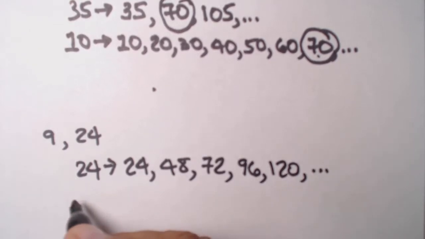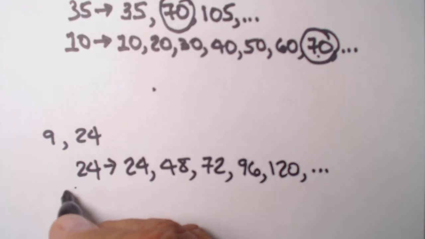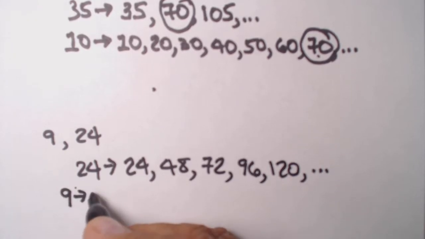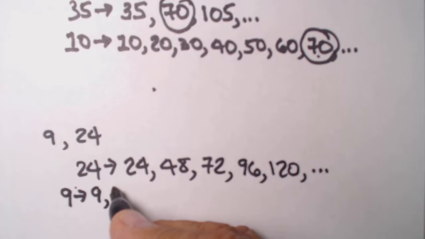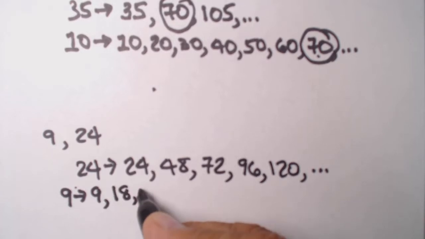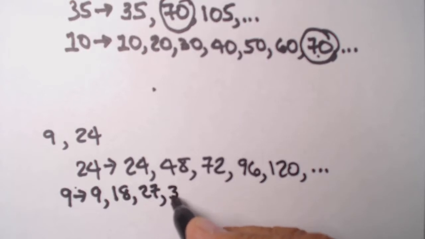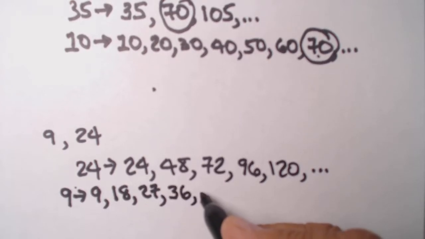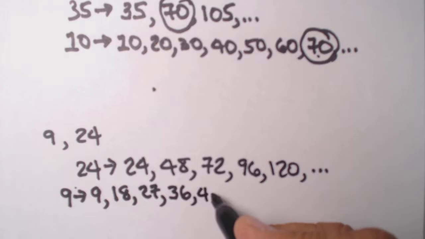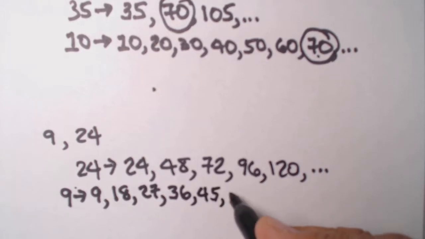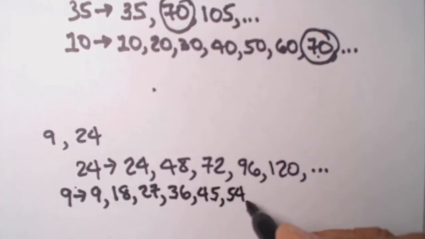Well, let's see what happens when we do this with 9. The first multiple, of course, is 9. Then we get 18. Add 9 to that, we got 27. Add 9, we got 36. Add 9, I think we're at 45. Add 9, we'll get 54.